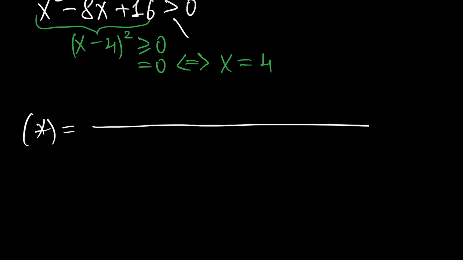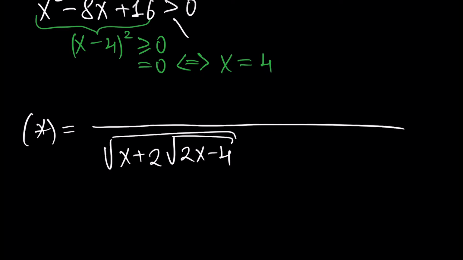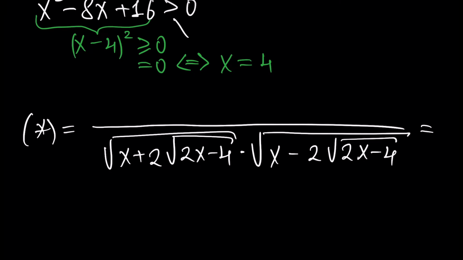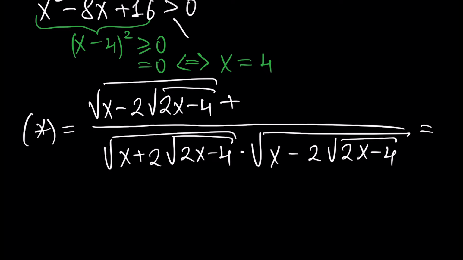We will have the denominator: square root of x plus 2 times square root of 2x minus 4, times square root of x minus 2 times square root of 2x minus 4. In the numerator, we will have square root of x minus 2 times square root of 2x minus 4, plus square root of x plus 2 times square root of 2x minus 4.